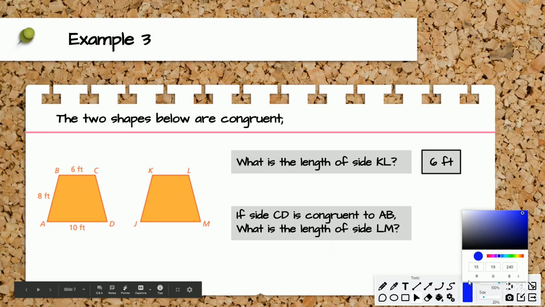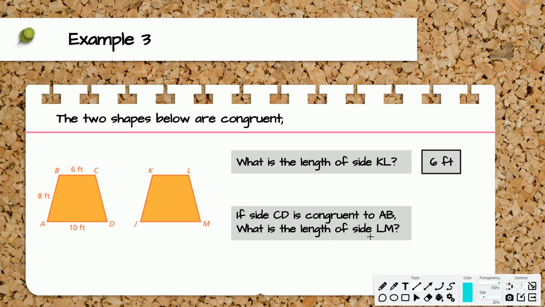The next one is saying that if the side of CD is congruent to AB, what is the length of LM? So the last thing I need to know is what is the length of LM? So I want to find this length. And if I look at the other shape, the corresponding side of LM is CD, but they don't give us a length of CD.